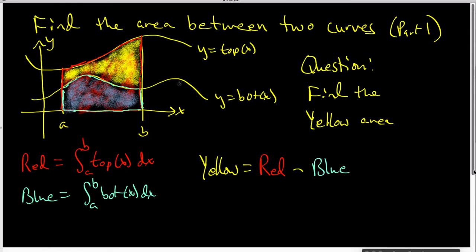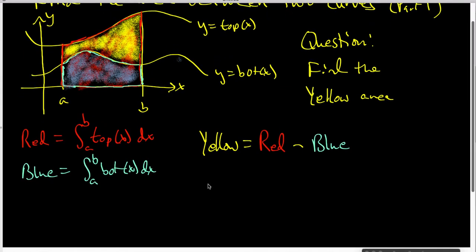But that means I can find it in terms of integrals. So the answer to my question, that yellow area, is going to be the integral between a and b of my top function minus the integral between a and b of my bottom function.